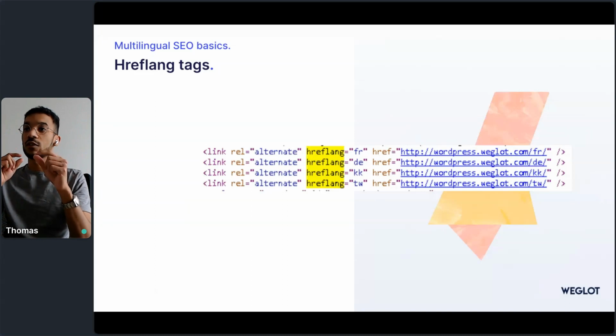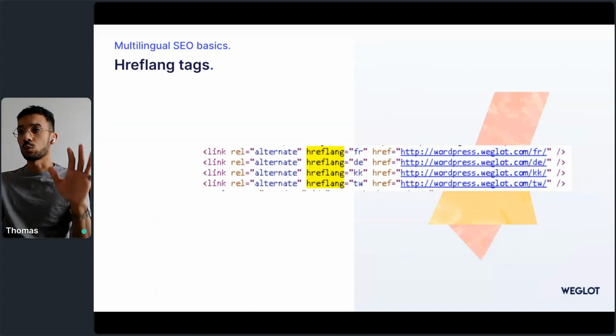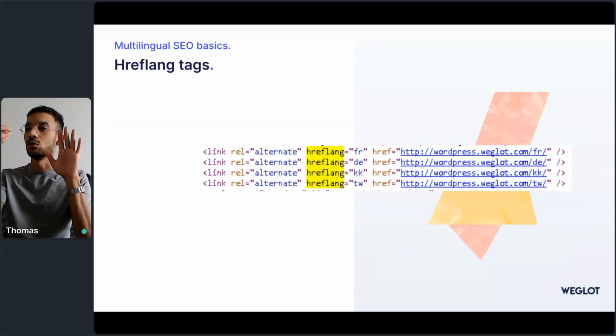You need to add these hreflang tags, and that way the Googlebot is going to review your page, make sure that it's viewed by Google and that it's indexed properly. And technically speaking, you will have to add it in each of your pages, which can be a pain if you have a lot of pages and you're adding new content, but you have some solutions to automate all of that.